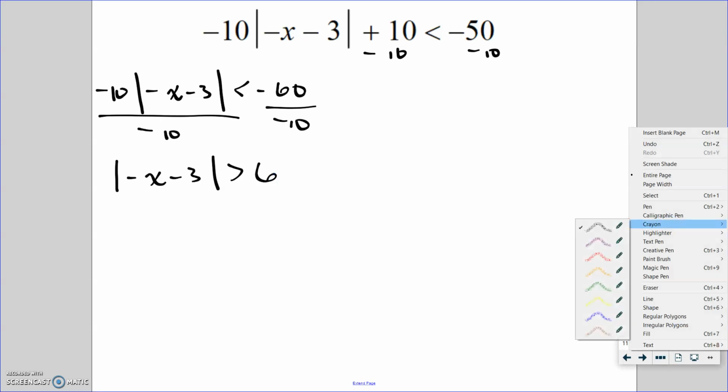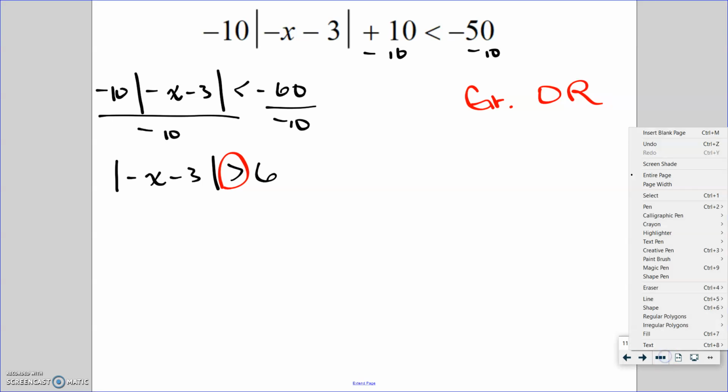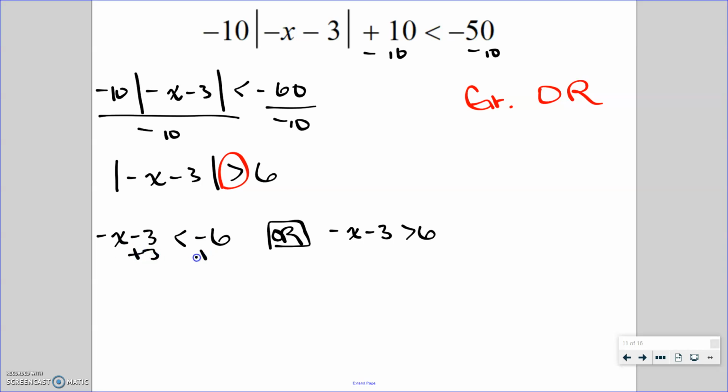So we look at our sign, it's greater than. So that means an or statement. So we're going to say that negative x minus 3 is less than negative 6, or negative x minus 3 is greater than 6. Okay, add 3.